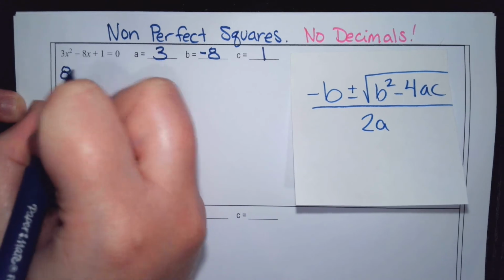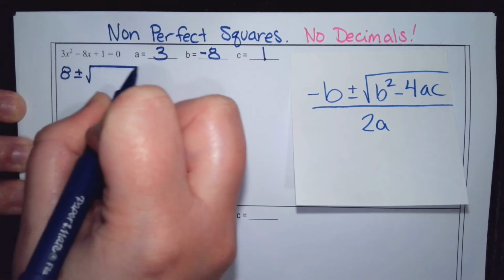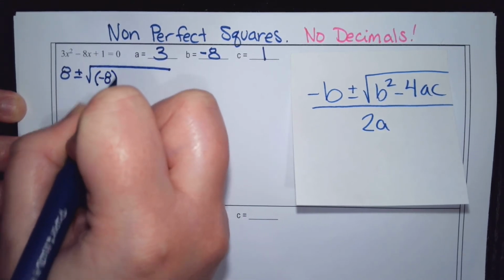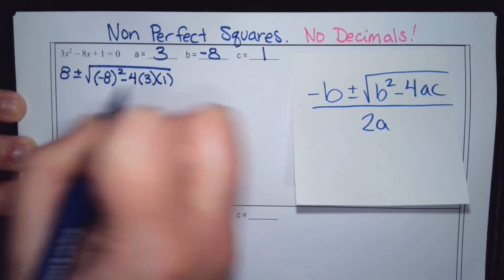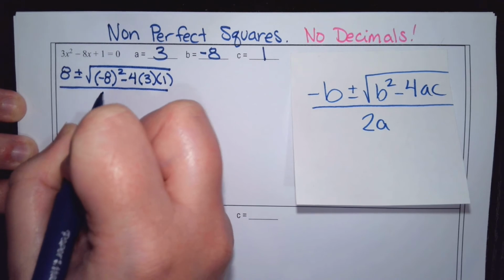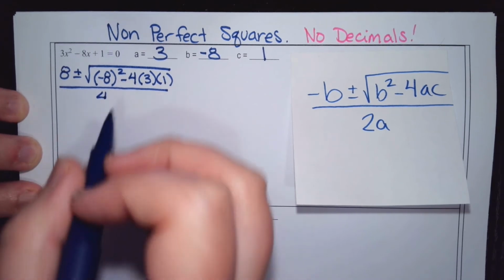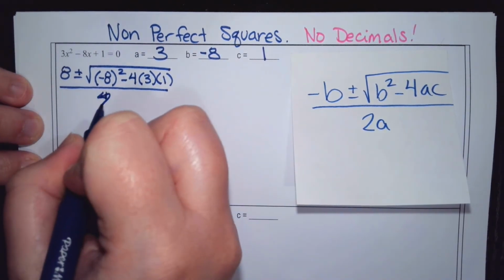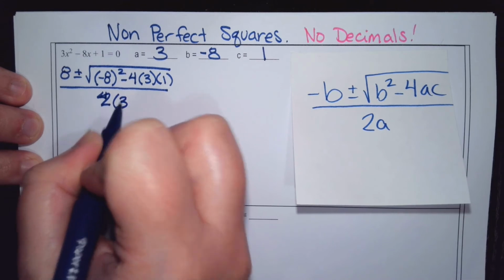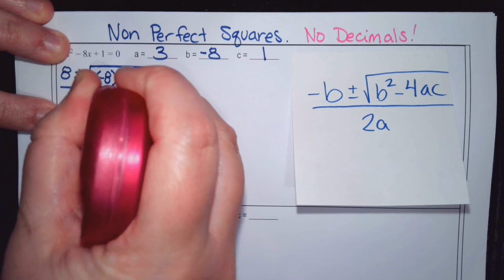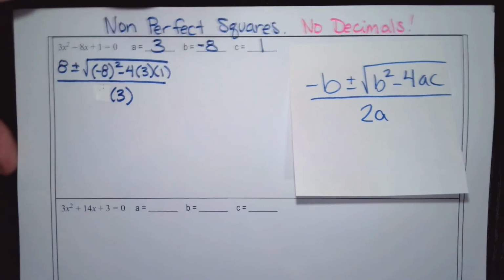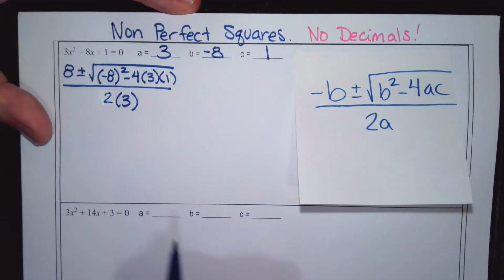So we have 8 plus or minus the square root of negative 8 squared minus 4 times 3 times 1 all over 2 times 3.